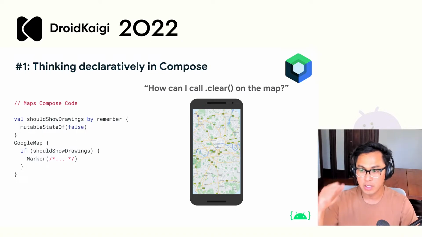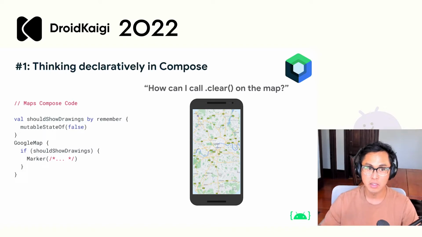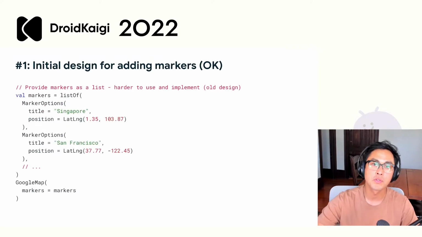So one way to clear the map is to wrap the Google Map content lambda around an if statement that's gated by a mutable state boolean. So when you change that boolean value, that recomposes the map, and then if it's true, it will show all the contents of the map, and if it's false, it'll clear the map. So that's how you clear the map in Compose.